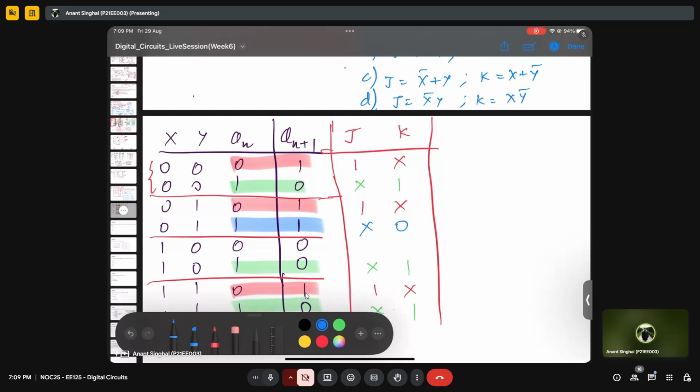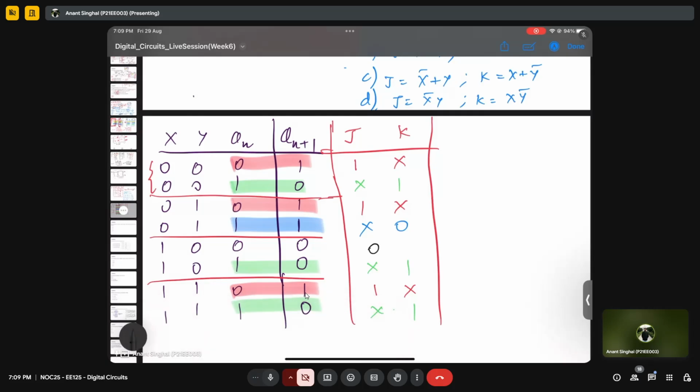Let me also write that using a different color. 00, it's 0x. Are you all able to do this till here? Because if you have done it till here, then it's very easy to do JK in terms of XY. That is just a K-map problem.